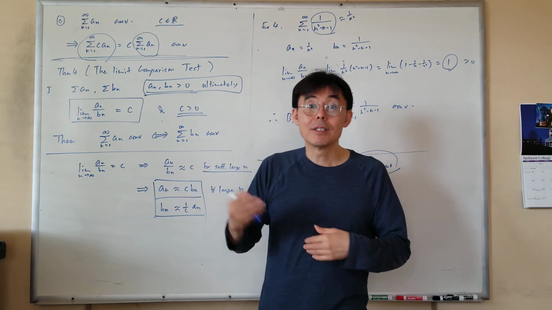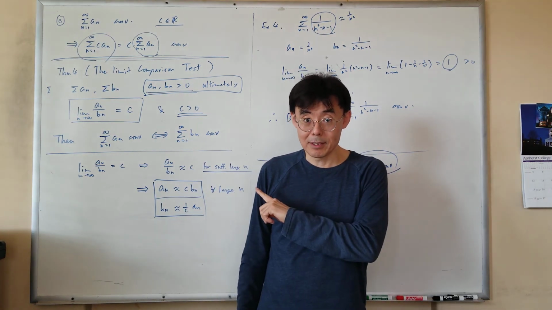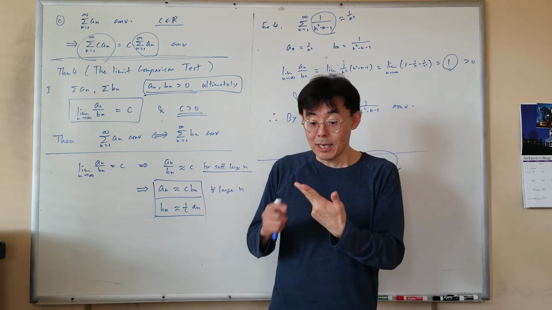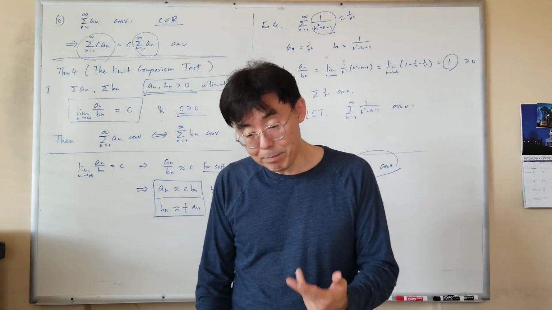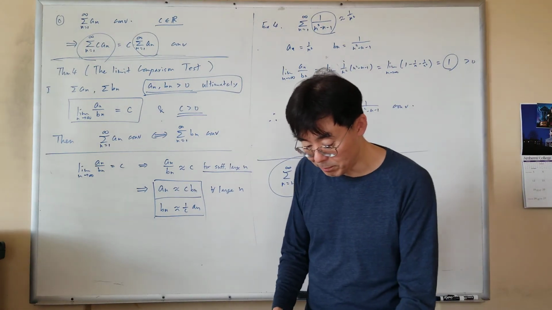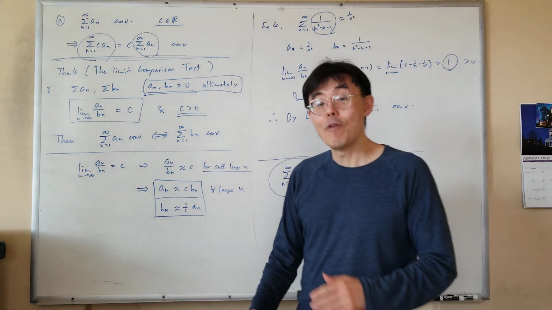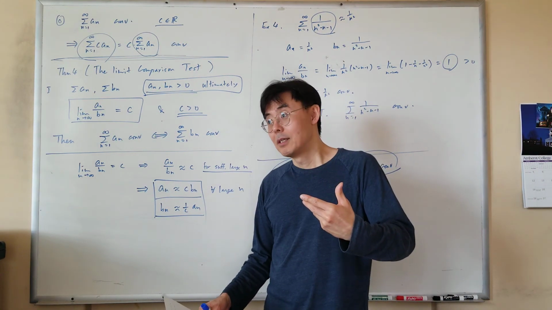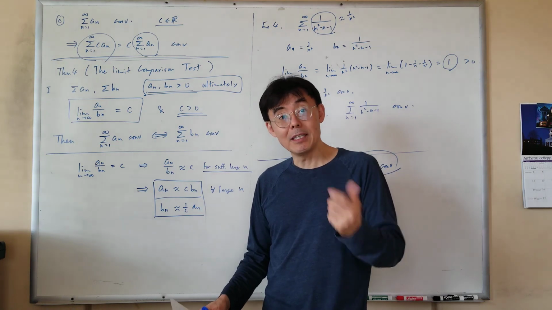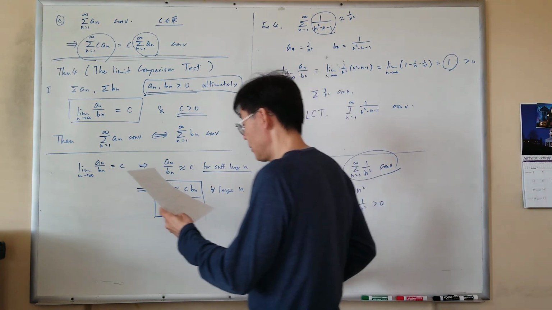And then we learned the comparison test, and then the limit comparison test. Actually, 3 different topics. The final topic of this section, the 4th subtopic, is error analysis of a series whose convergence can be proven by the integral test, right? That case.